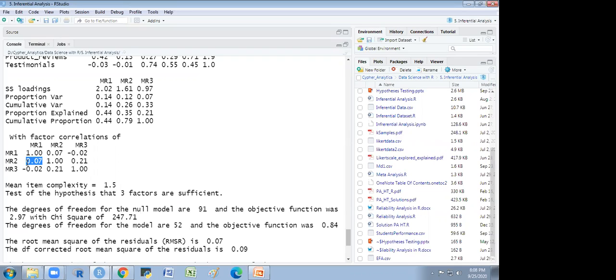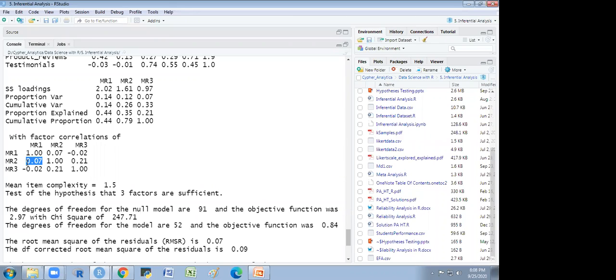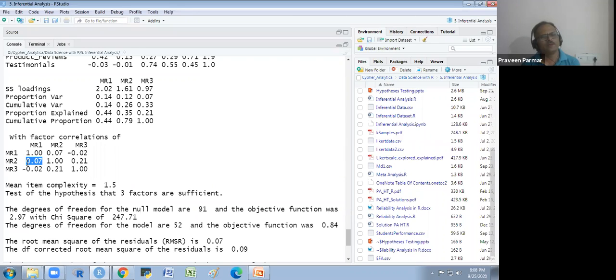Sir, just one doubt: what do we use from here? Whatever result we got, what do we use finally in the end? The factor analysis? No, we want to reduce the dimension. Suppose in a machine learning model I have 230 variables.